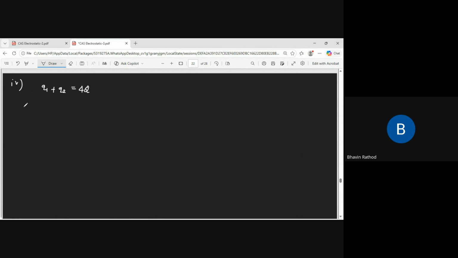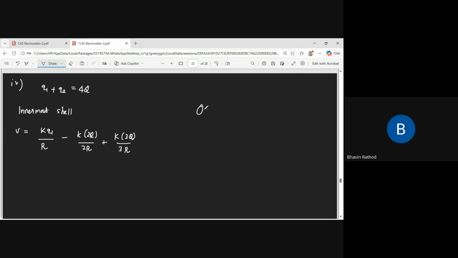Now the potential for the innermost shell, we can write as KQ1 by R minus K into 2Q by 2R and K into 3Q by 3R.